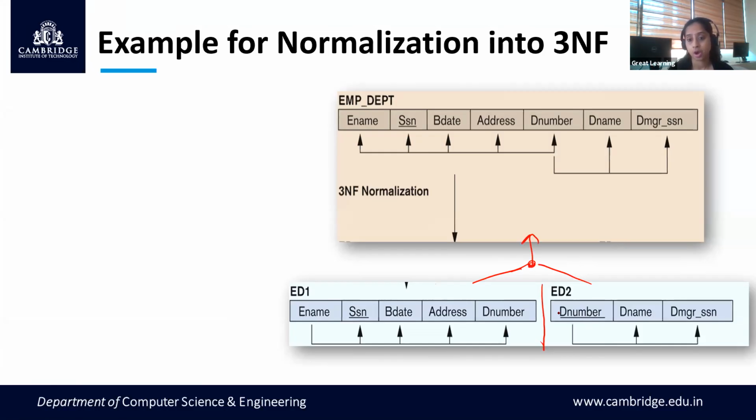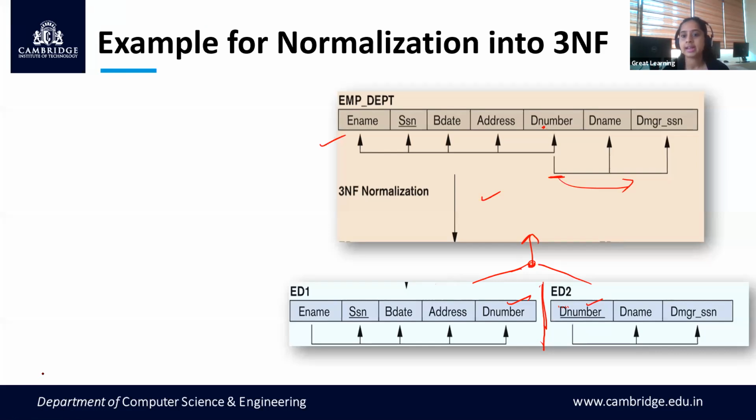So whenever you divide, whichever attribute becomes the primary key of the new table, leave that same attribute in the previous table, because it will act as a foreign key. That's a hint, something that needs to be remembered. When you join, that is the attribute which joins properly and brings you back to the original table. The data should not be lost.